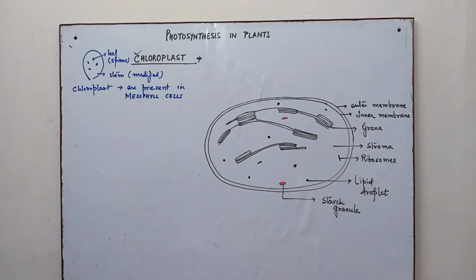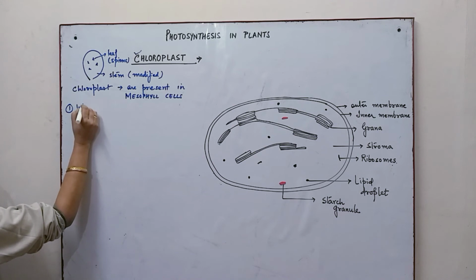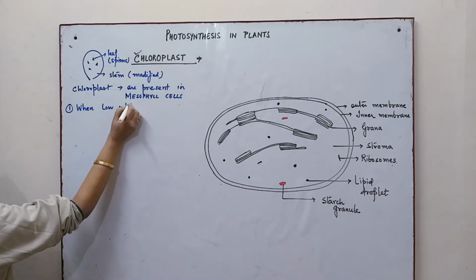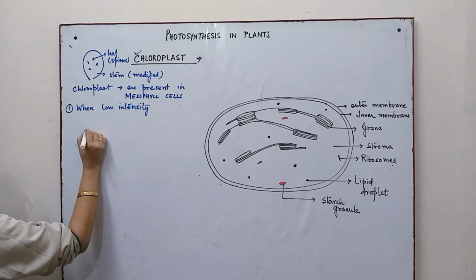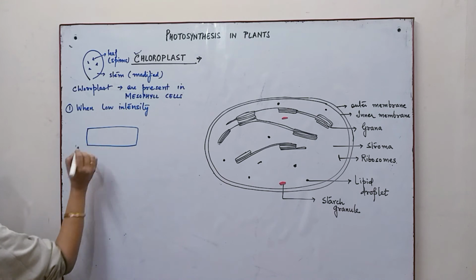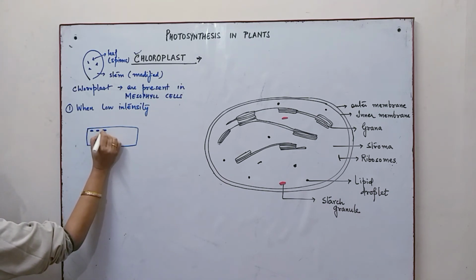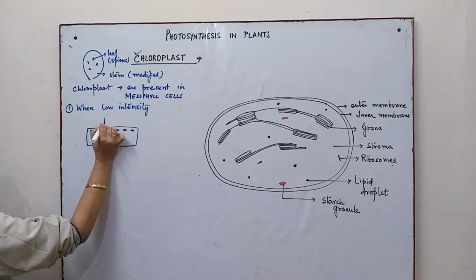Now, when the light is poor, when low intensity of light is observed, then the chloroplasts align themselves with a flat surface parallel to the walls of the mesophyll cells.